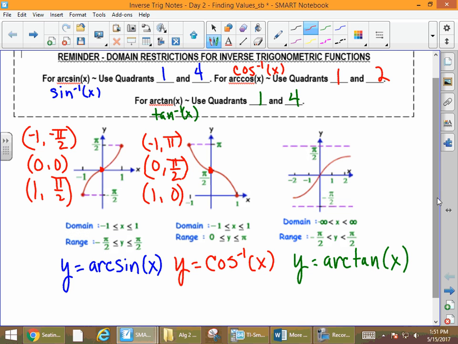And the points that we graphed last week were negative 1, negative pi over 4, 0, 0, and positive 1, positive pi over 4.